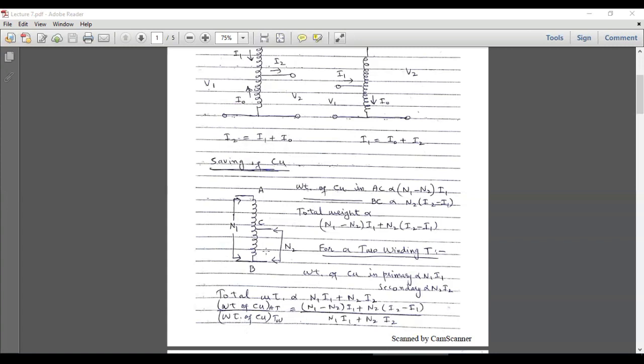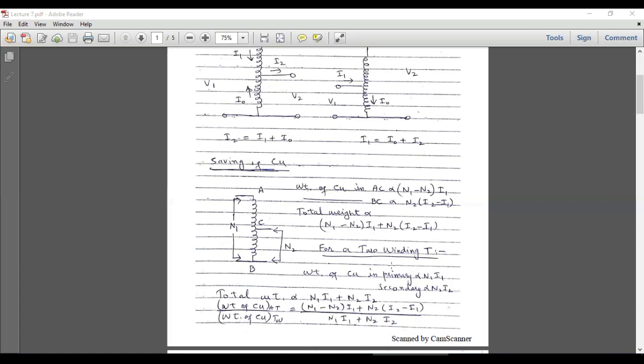So current is I2 minus I1, and number of turns are equal to N2. So we will add these two branches. So if we add this branch and this branch, we will have considered the whole primary winding. So total weight is proportional to N1 minus N2 times I1 plus N2 times I2 minus I1.